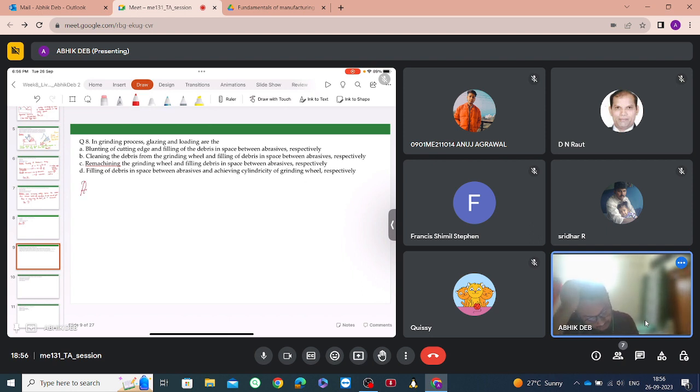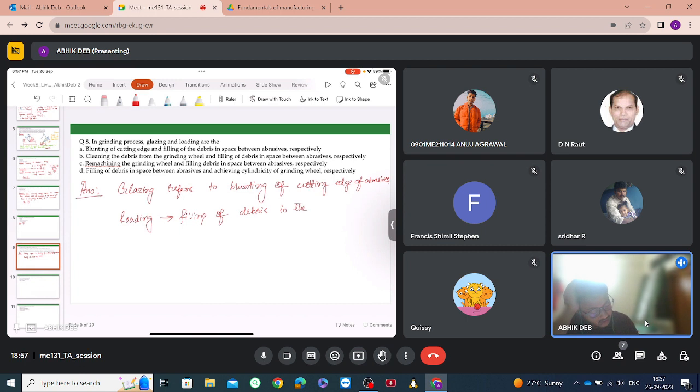So glazing refers to blunting of cutting edge of abrasives, and loading refers to filling of debris or chips in the space between the abrasives.